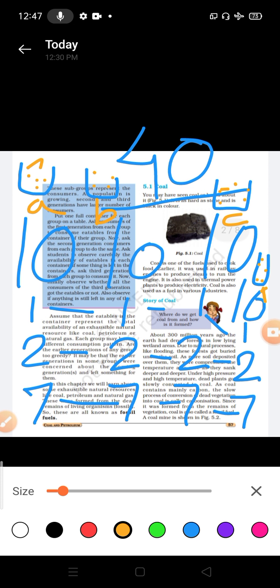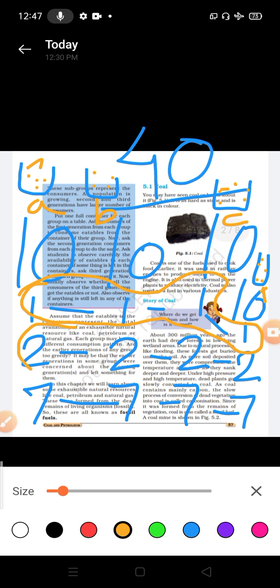The second generation picks up how much they want, with no fixed criteria. Suppose the first generation students have picked up however much quantity they want from the containers.